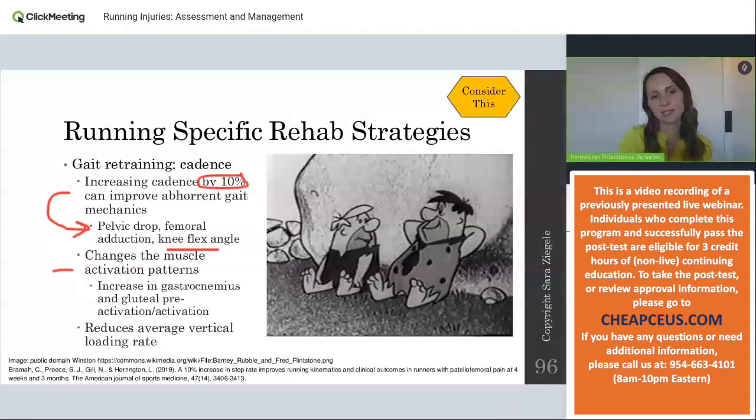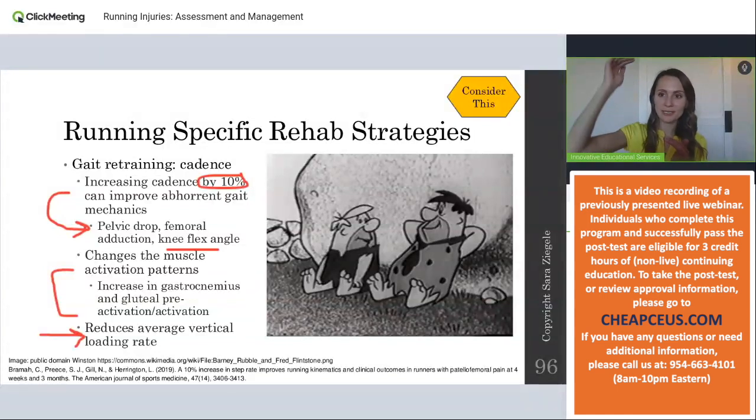It will also often change the muscle activation patterns, so an increase in cadence will often lead to an increase in gastroc and glute pre-activation or activation. The other thing that typically happens is we reduce the average vertical loading rate. I always describe this as what goes up must come down. So the vertical loading rate, thinking about how high up and down someone's going to go, how much braking impulse they're going to get.